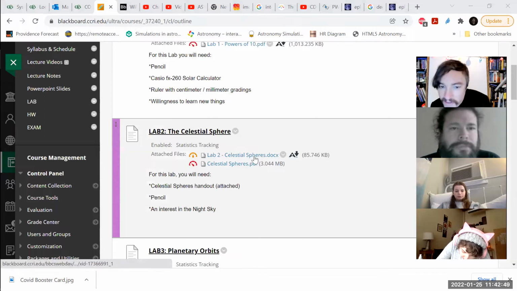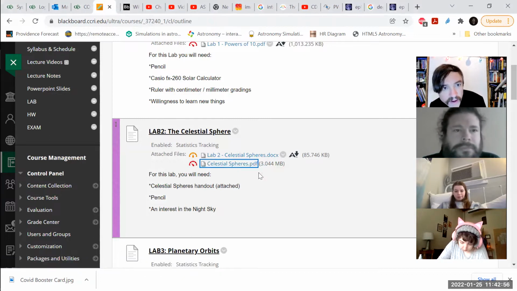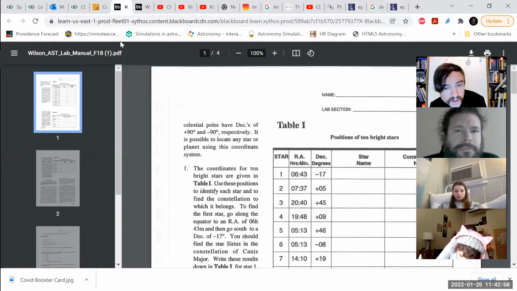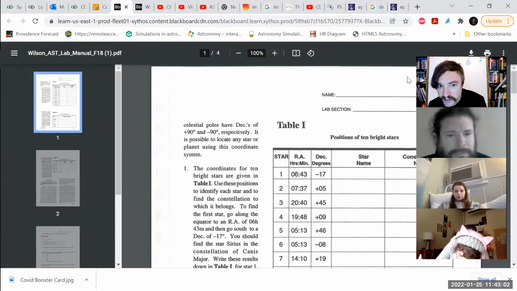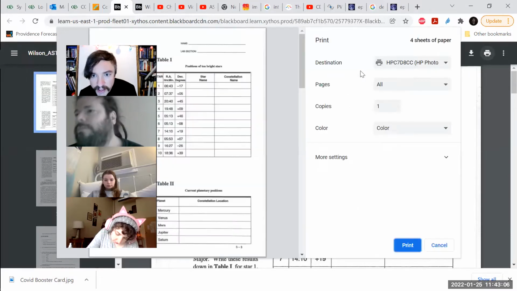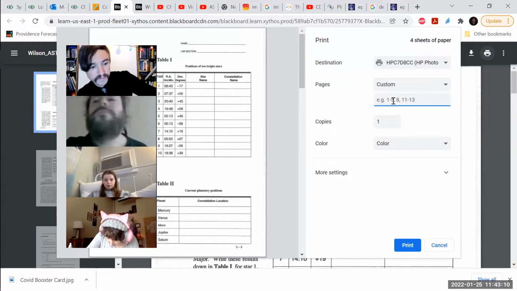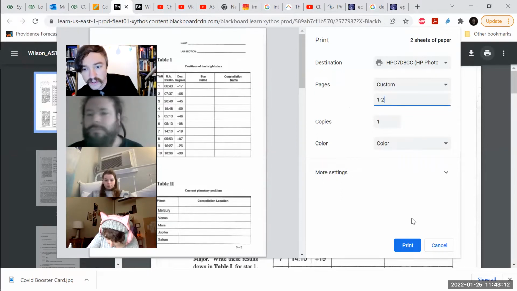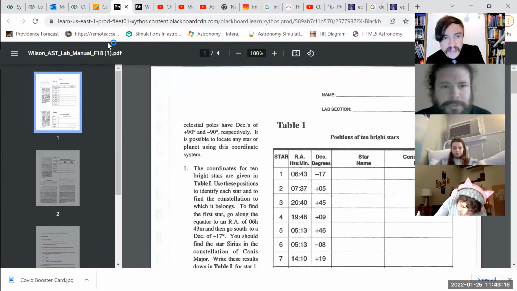I left a docx version in case people want to try to fill it out using Microsoft Word. But the way I like to do it is I like to print. We only should need the first 2 pages if you want to save yourself some printer paper. So I'm going to hit print, and for pages, I'm going to hit custom 1-2. And I'm just going to get going on that now. So you guys might want to do the same. I know some of you take a little while to get your stuff printed out.